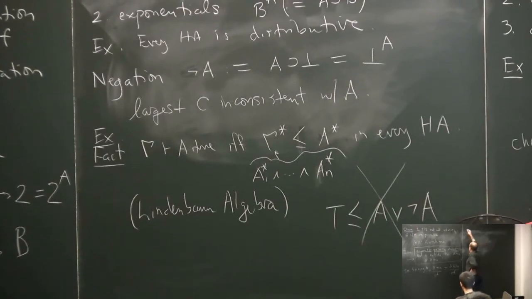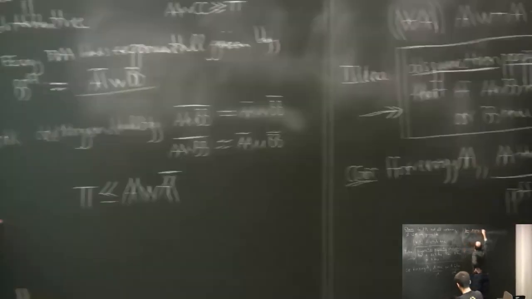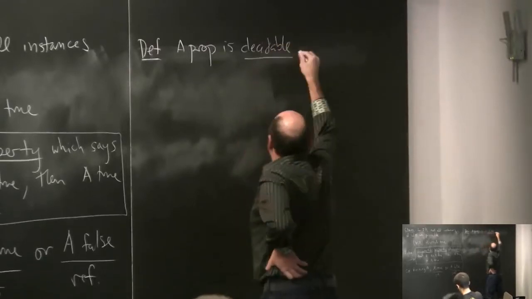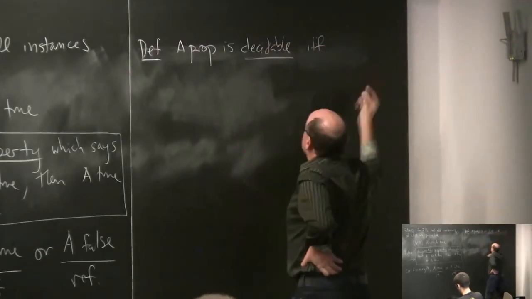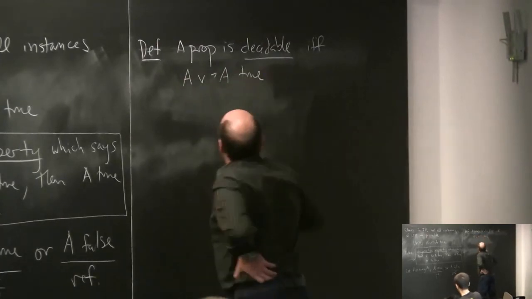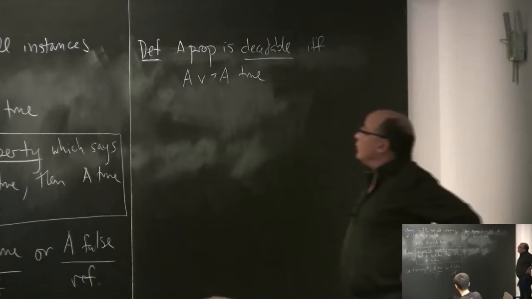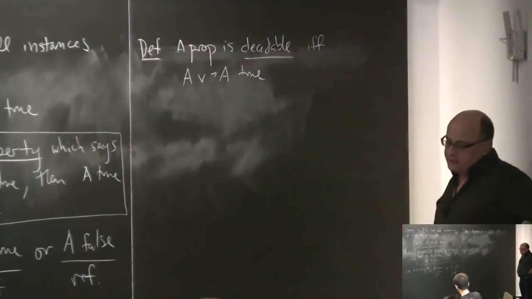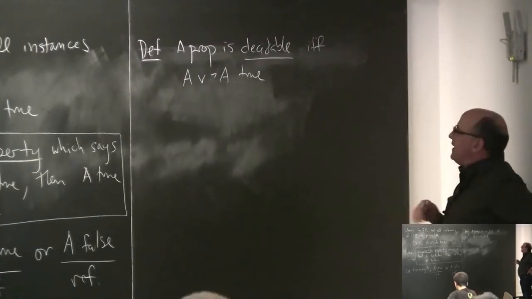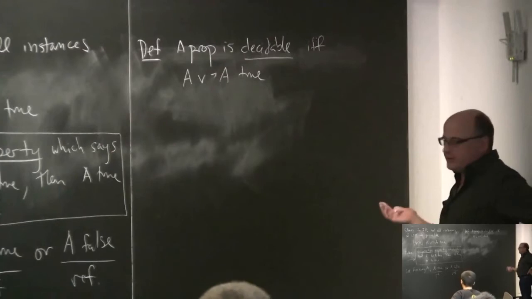We make a definition: a proposition A is decidable if and only if, just by definition, A or not A is true. Sometimes this can get confusing, so if you don't mind me belaboring the obvious: just because it isn't universally valid, as I will eventually show, doesn't mean it can't hold in certain situations.